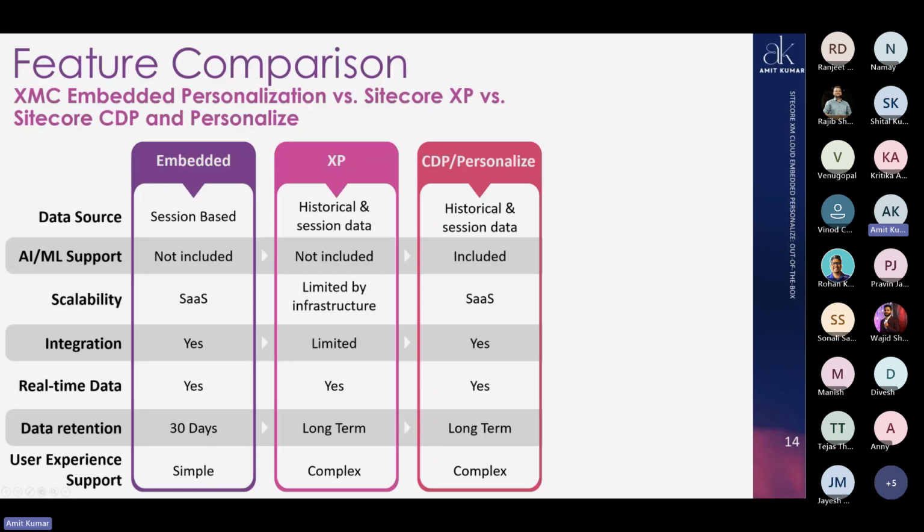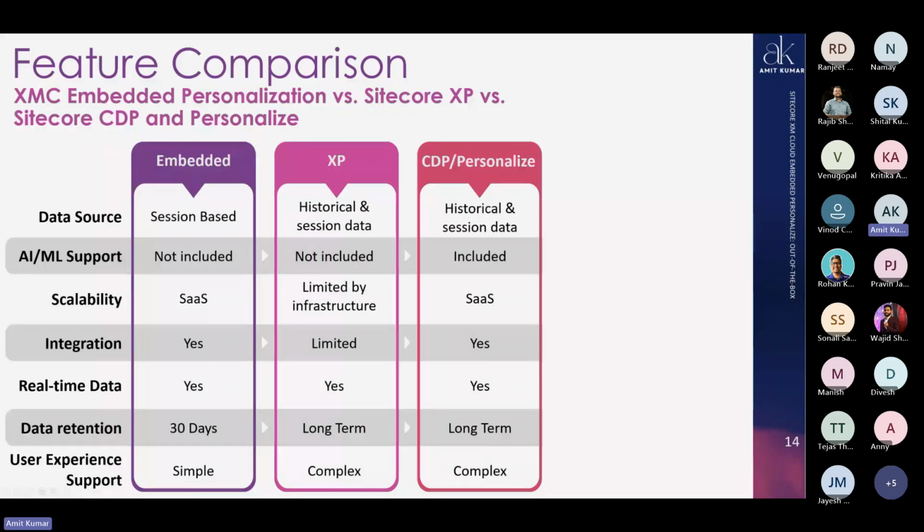But if you have moved to XM and you want to utilize Sitecore CDP and Personalize, you can do that, but you will not be able to utilize the personalization middleware which generally comes with Next.js.